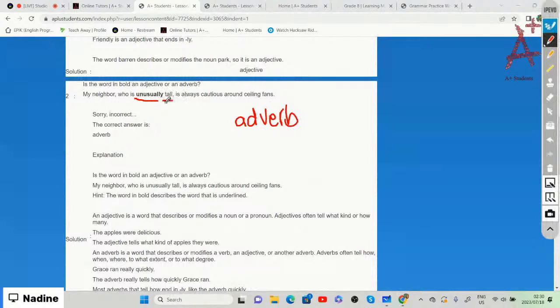Remember we said an adverb describes or modifies either a verb, an adverb, or an adjective. In this case, tall is an adjective, which means that unusually is an adverb because it modifies the adjective.